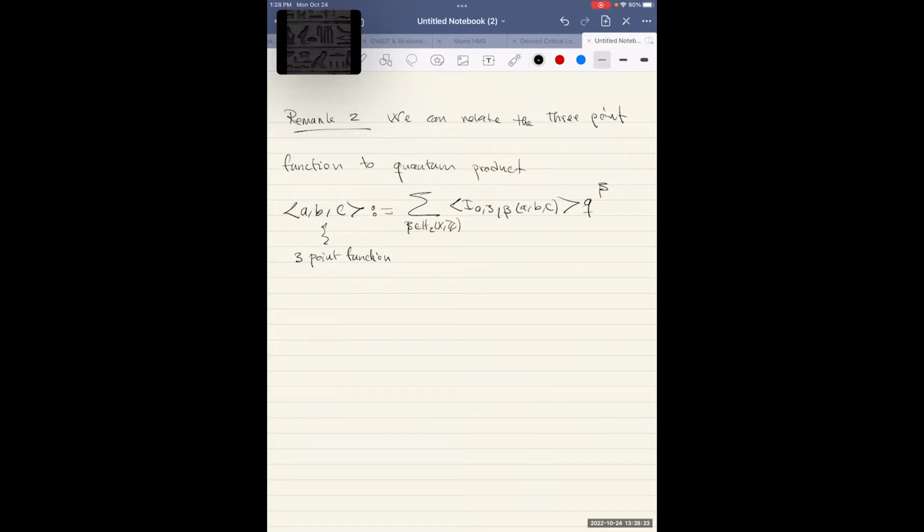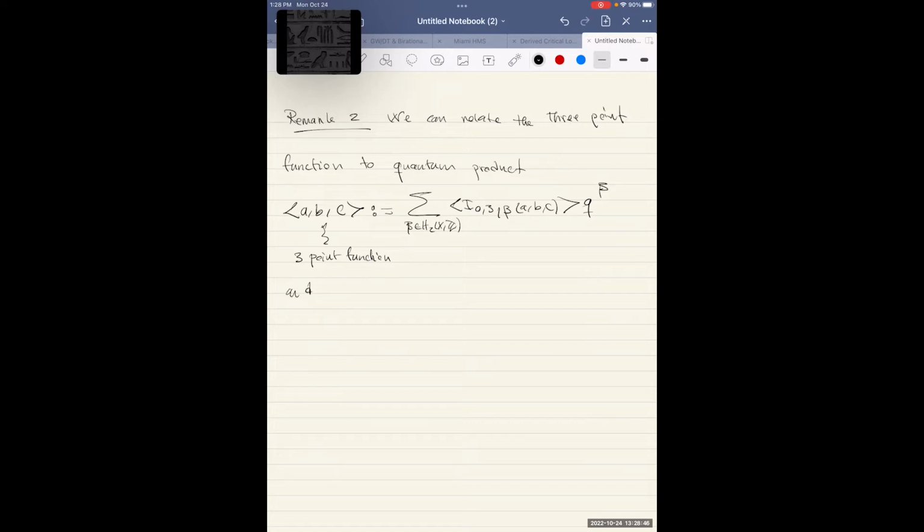The quantum product is giving us a cohomology class, but the 3-point function, or n-point function, is in some sense counting how many curves pass through those many cycles. It's the integral of the Gromov-Witten class for different choices of curve homology classes.